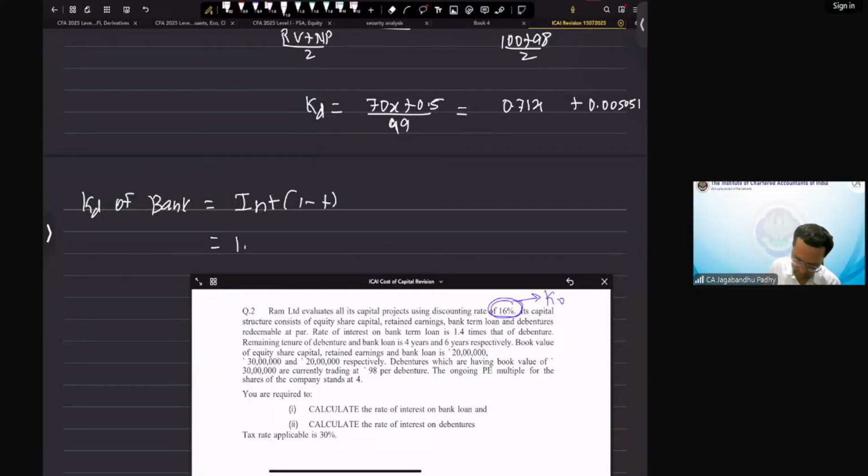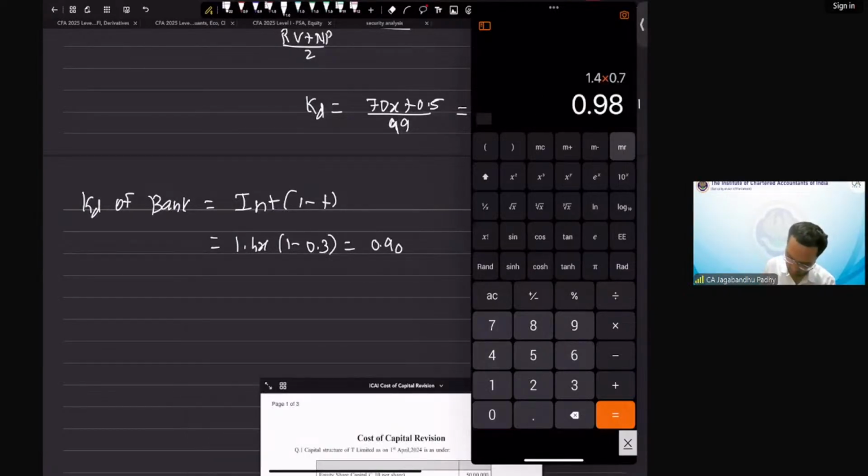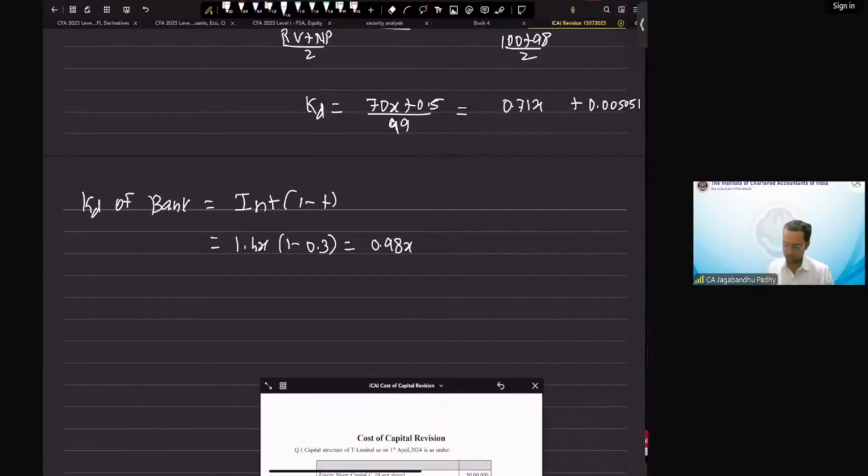So 1.4x into 1 minus 0.3, 1.4 into 0.7, which is 0.98x.